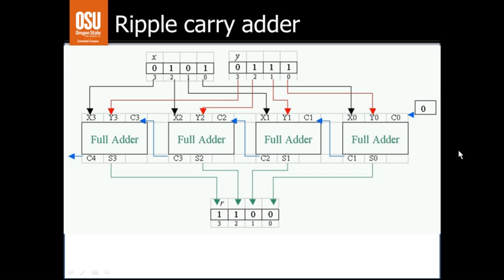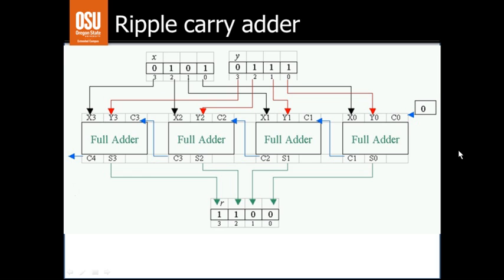That would have inputs of bit number 1 from X, bit number 1 from Y, and the carry bit from the previous full adder. And so that ripples across, all the way across this circuit, to produce the correct sum bits and the correct carry bits. And if there's a carry bit that goes out to carry bit number 4, then we have overflow.